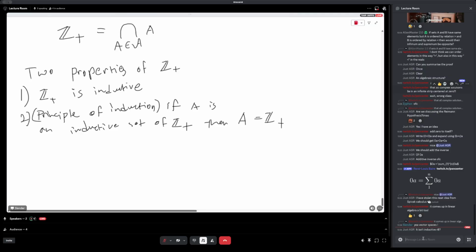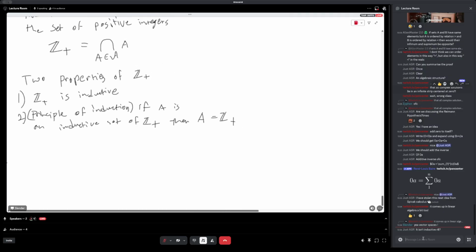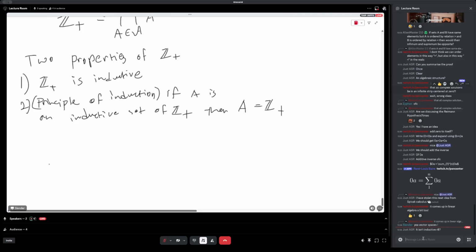So these are the two properties of Z plus that we have right away. I will prove this in a bit.